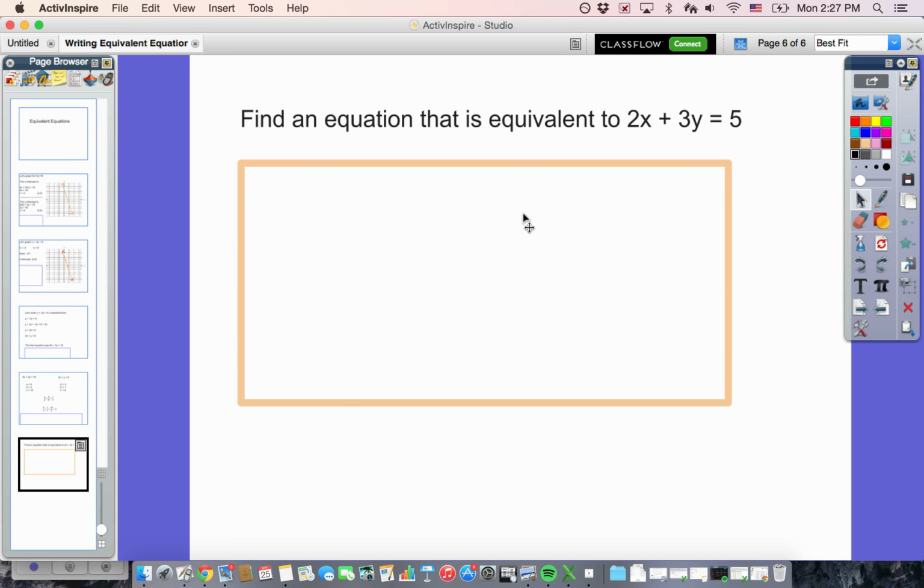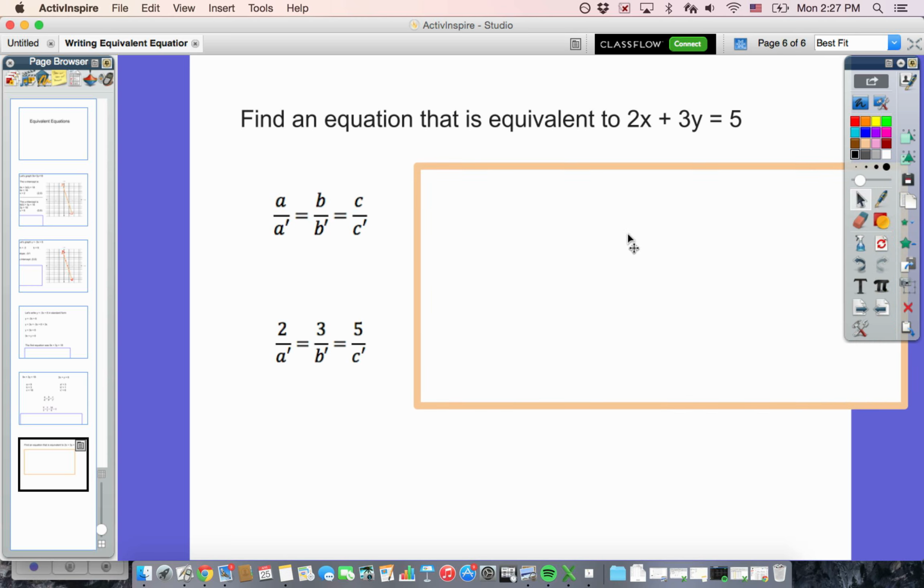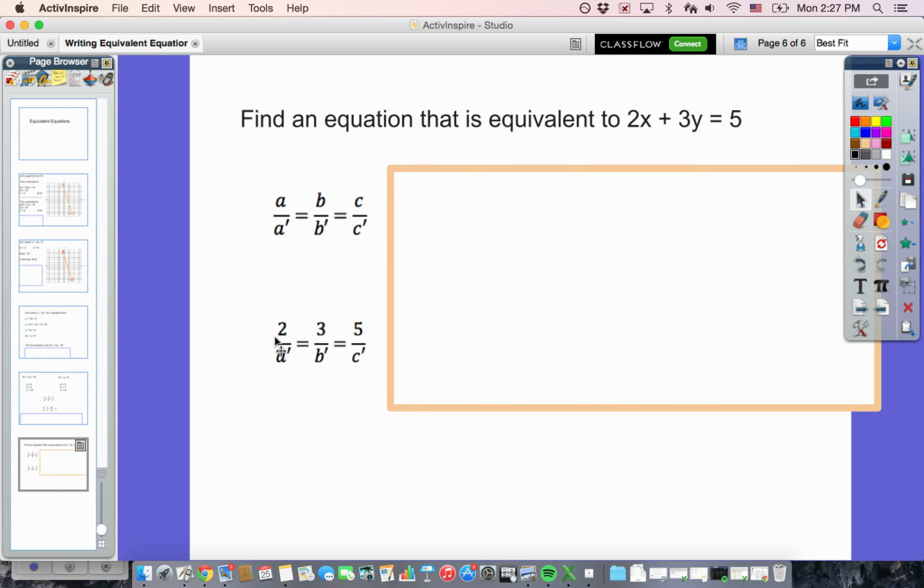Here we know that A is equal to 2, B is equal to 3, and C is equal to 5. In order to find an equivalent equation, we need to find an A prime, a B prime, and a C prime that give us equivalent ratios.